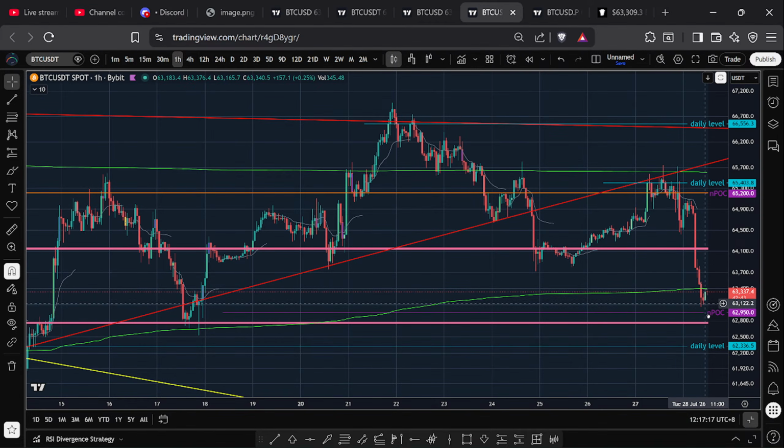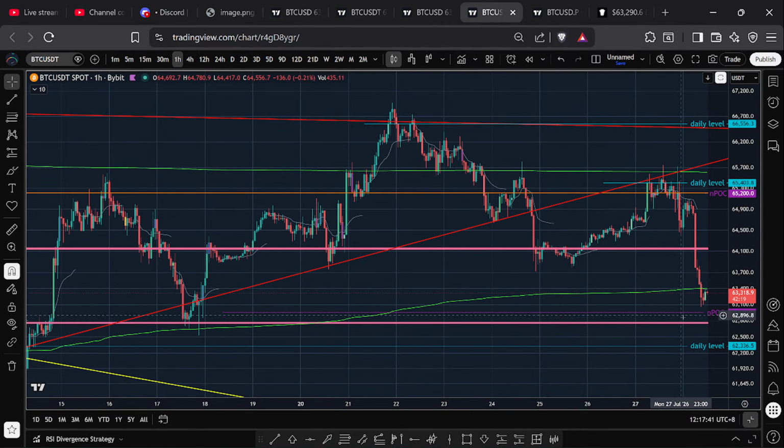All right, so that's what I'm watching for now. I'm in the short from here, so once we take this, we move the stop loss down to break even or more, and then you take a little bit of profit off here and let the rest ride to see if this does crash down.